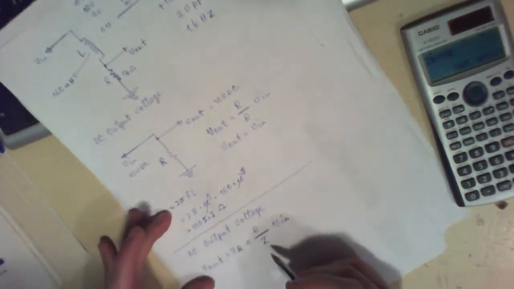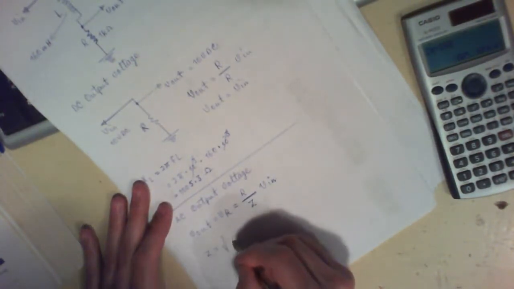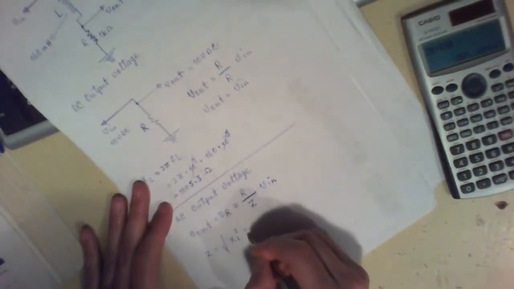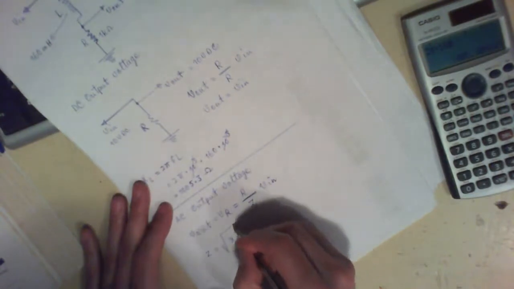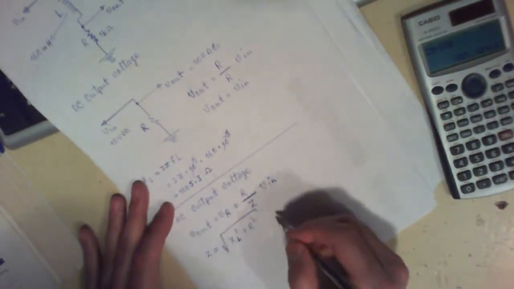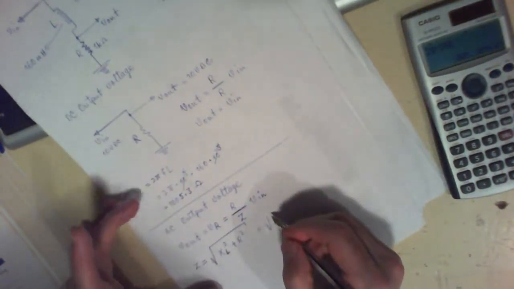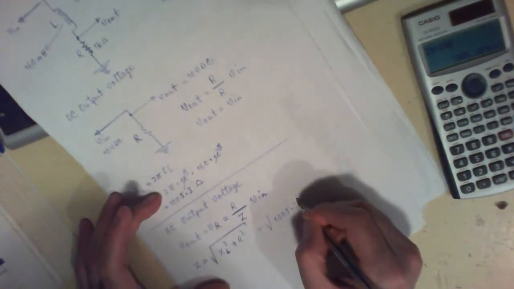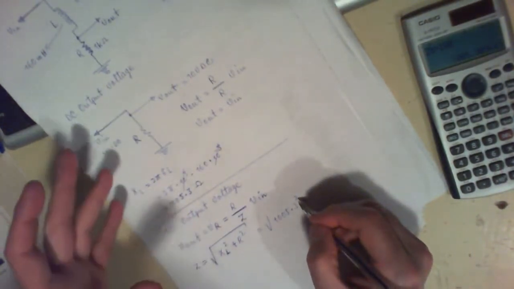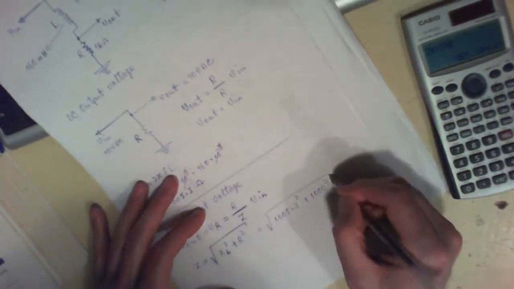For that you need your impedance, and we said that your impedance is equal to the square root of X of L squared plus R squared. That is the square root of 1005.3 squared plus R squared, and your R was 1000 ohm or 1 kilo ohm, squared.